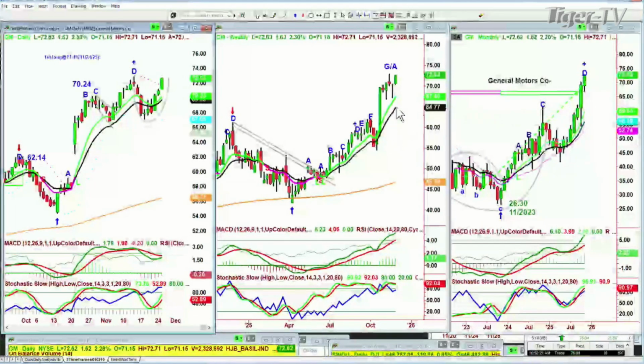But this weekly candle, this could be the start of a decent rally for General Motors as it gets recognized as one of the leaders in this particular phase. And that's the same thing maybe with Ford.